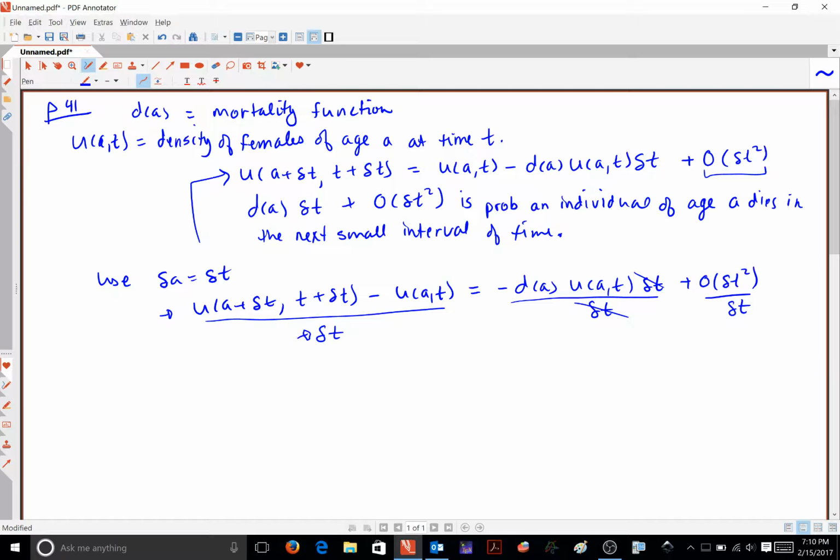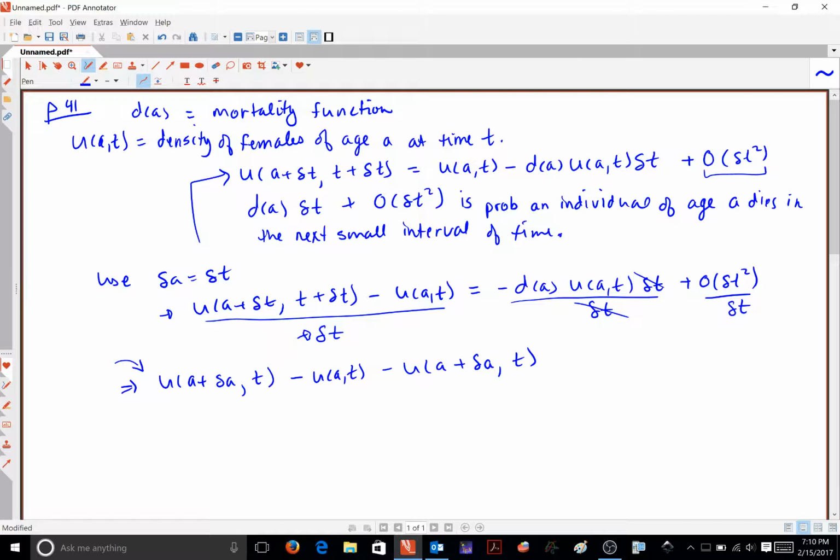I'll write it this way, and then what you get is u of a plus, remember delta t is delta a, u of a plus delta a, t, and then what I'm going to do is subtract off my u of a, t, and then that first term right here, I need to compensate for that one again, so I'm going to subtract it because I added it on.